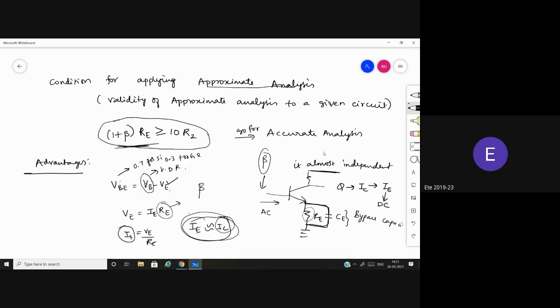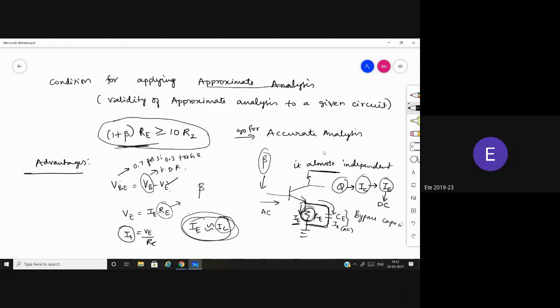So we will not have a DC current flowing. But now when you have emitter resistance and this bypass capacitance, the DC component will be across RE and the AC component will be across CE. Whatever current is across RE will be our DC current, and when this is fixed, then this will be fixed.